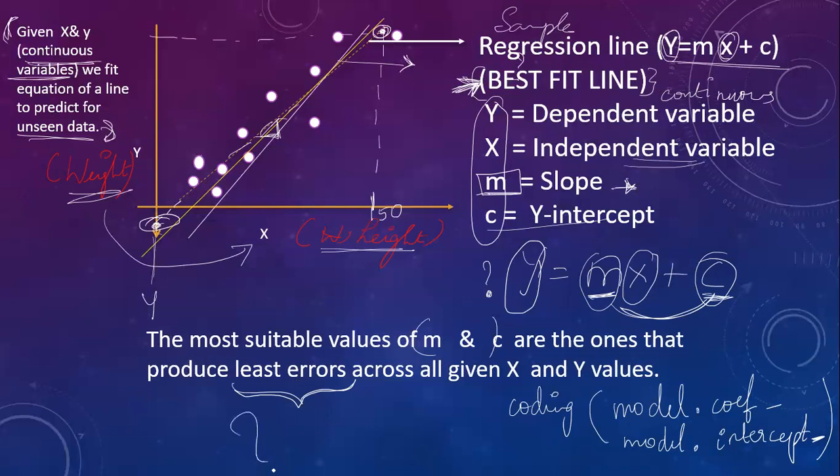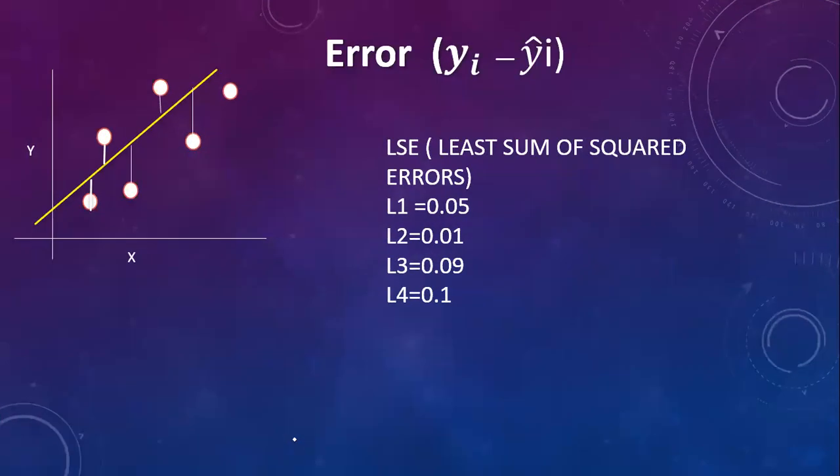So what is meant by errors here? Let's see. Error is equal to yi minus yi cap. What is yi? Yi is this point. This point is called yi. And the point on the line is called yi cap.